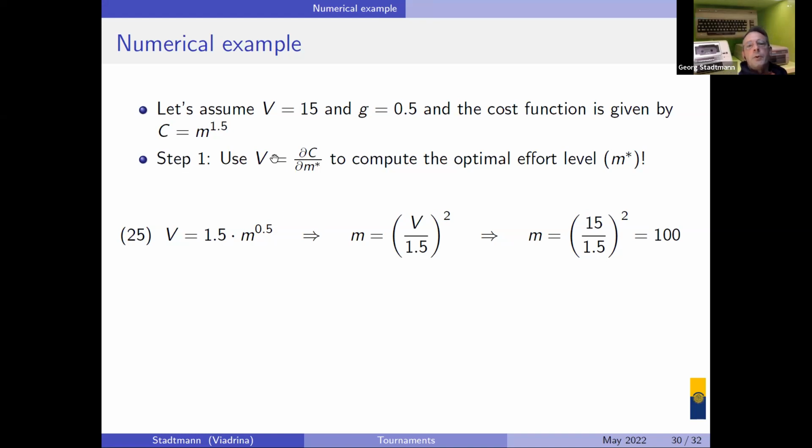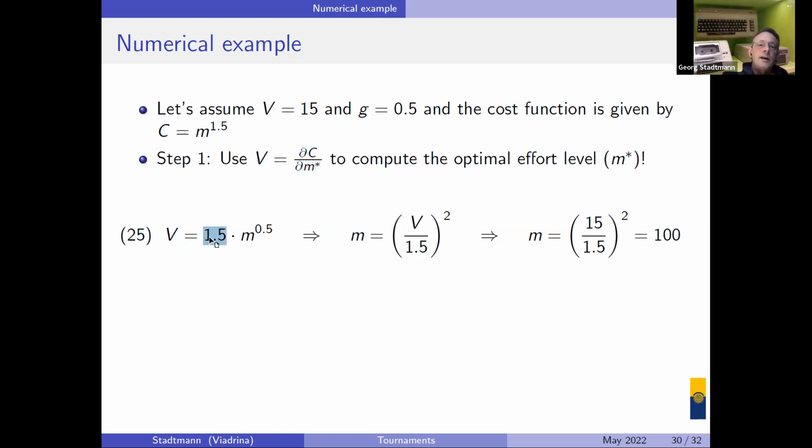So in a first step, we can use this optimality condition, which is on slide number 29, equation number 3, to compute the optimal effort level m star. So V is equal to the first derivative of the cost function with respect to m, V equal to 1.5 times m to the power of 0.5. Let's solve this in order to solve for m.